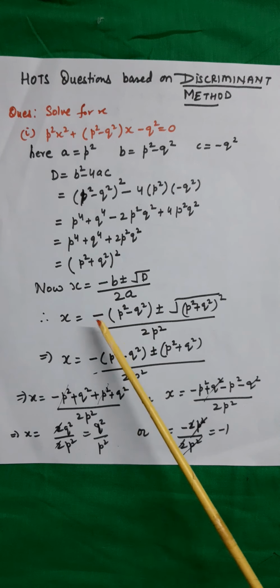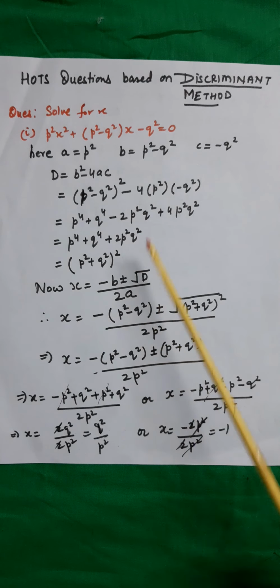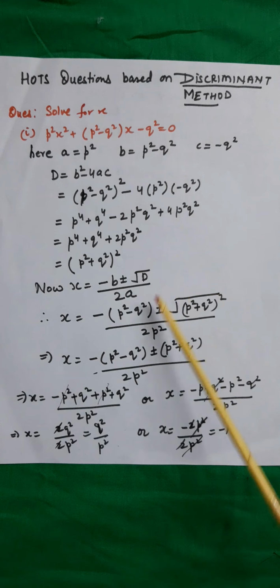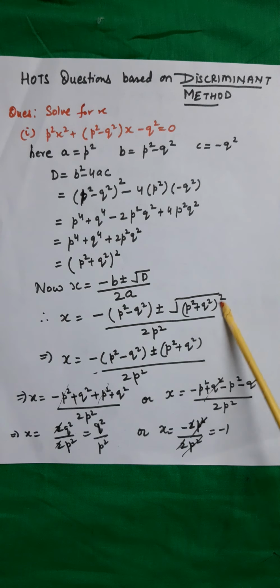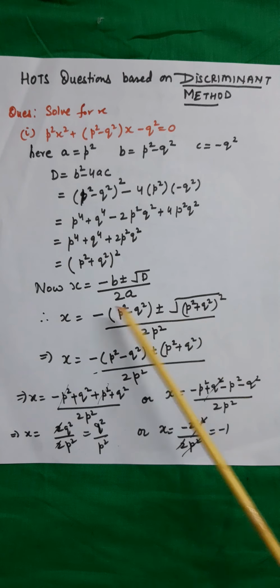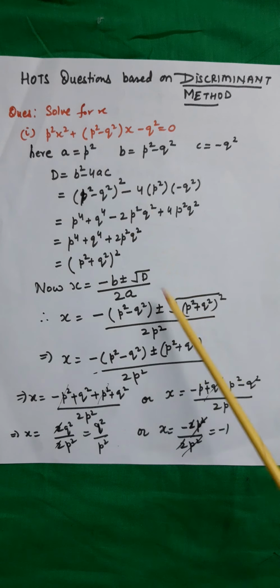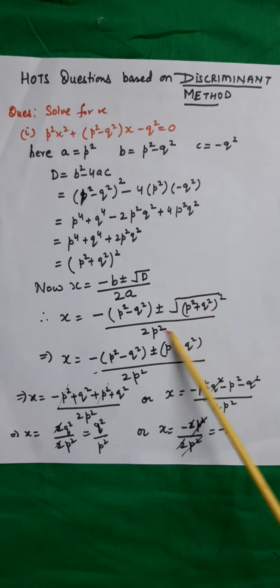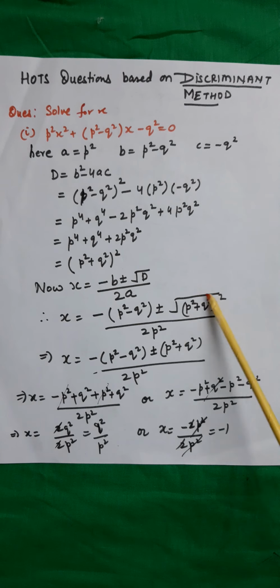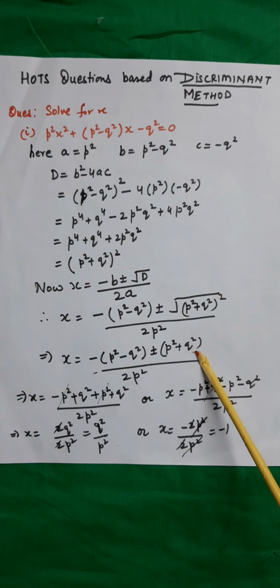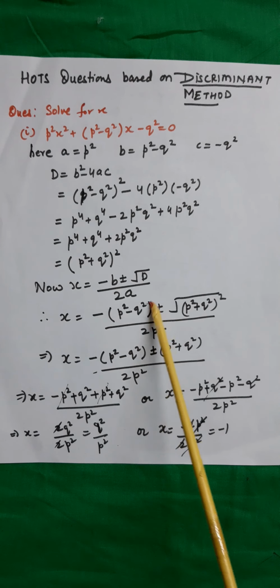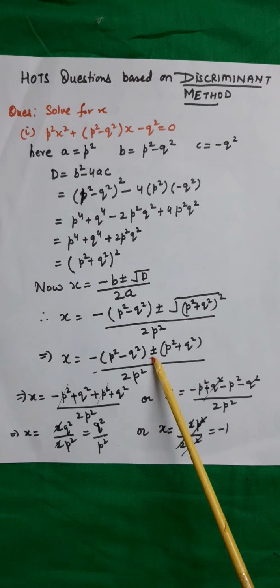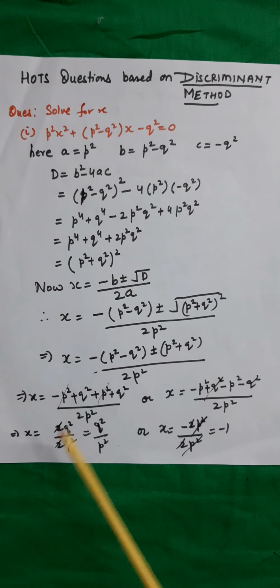Substitute the values. x = (−(p² − q²) ± √((p² + q²)²)) / 2p². Now from the square root sign, when it comes out, this square will be gone. So I have −(p² − q²) ± (p² + q²). Let's open both the brackets.